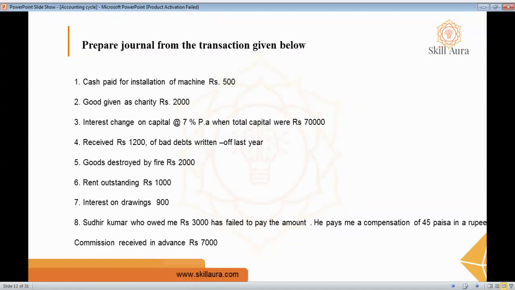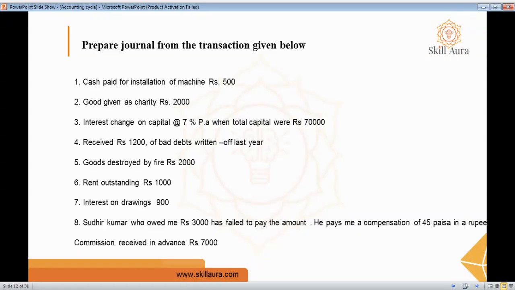So in the debit column comes the expenses account with 500 rupees, and in the credit column we add the cash account with 500 rupees.